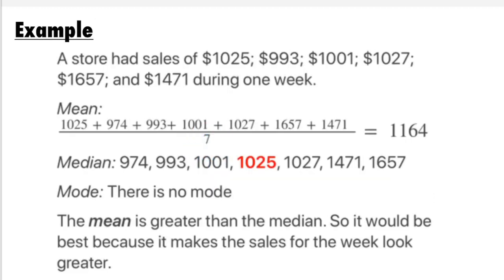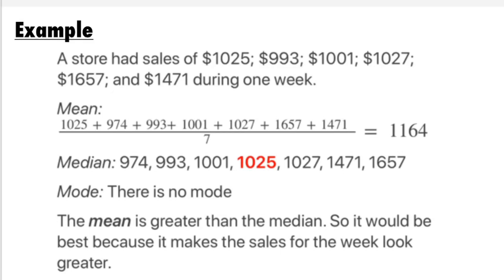This is looking at data from the sales of a store during 1 week. So the first day of the week, say Monday, they sold $1,025 of inventory. The second day of the week, they sold $993 in inventory. The third day, Wednesday, they sold $1,001. Thursday, they sold $1,027.